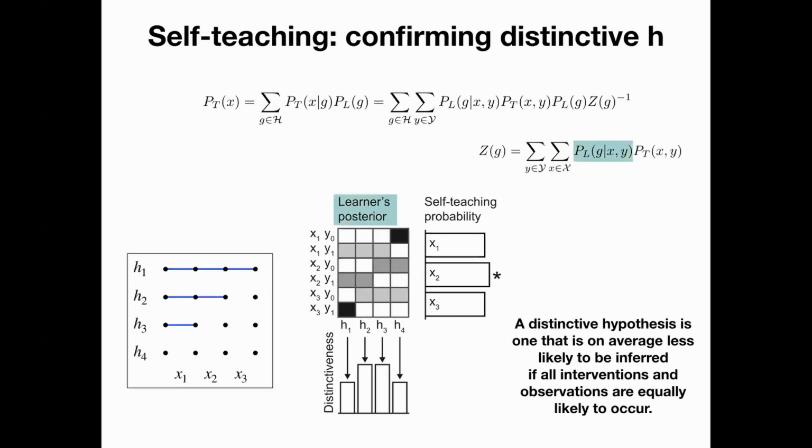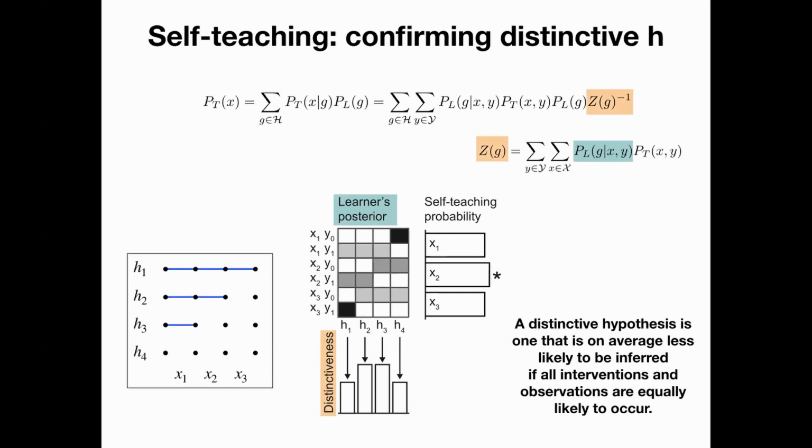Here is the learner's posterior, the probability of inferring an H given a particular intervention X and observation Y. Darker color means higher probability. First, calculate a quantity called Z of G by summing over all the interventions and observations.